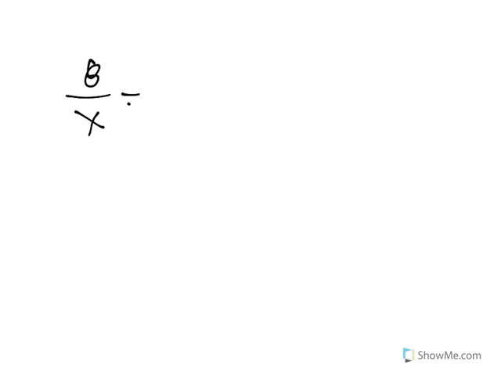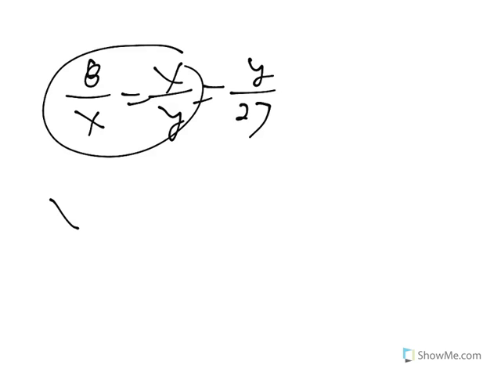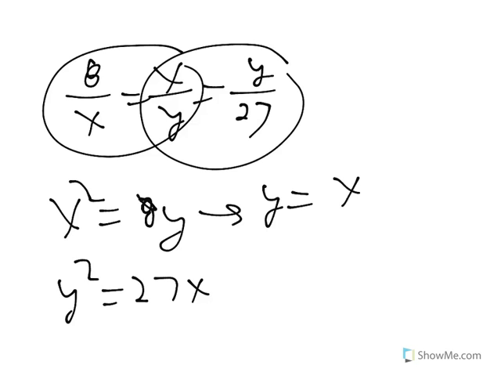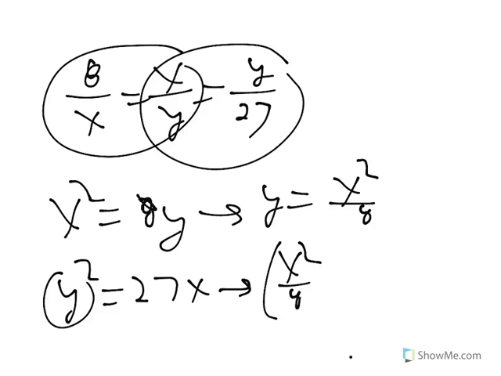And it's very easy to calculate the x and y. It's always the same thing. You cross multiply here to get x squared equals 8y, and you cross multiply these to get y squared equals 27x. Then you solve for y in terms of x squared over 8, and you substitute into this y, so you get x squared over 8, squared, equals 27x.